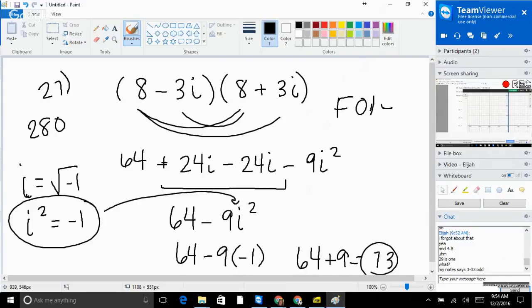Your note says 3 through 33 odd. Really? Are you in 4.5 or 4.6? 4.5 is 3 through 13 and 23 through 33. And 4.7 is 3 through 33, but we're not doing 4.7.